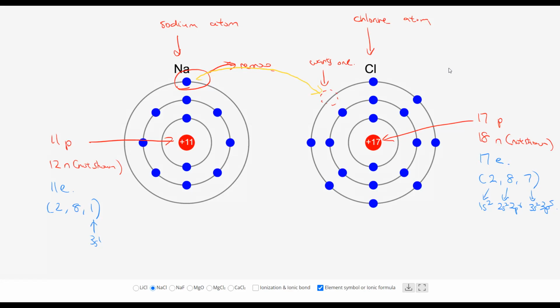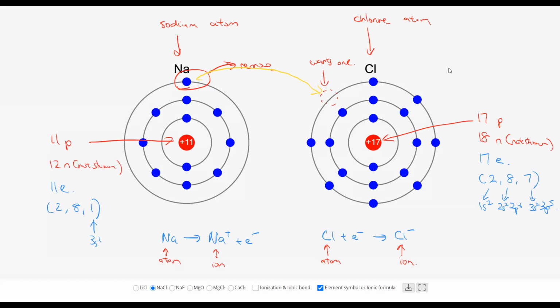So we would say that the sodium would give up its electron to become the sodium ion and lose the electron, while the chlorine will accept this electron to become a chloride ion. You'll notice that this is the atom, it is uncharged, and it becomes an ion. The chlorine is an atom, it accepts an electron and becomes charged. This is an ion.